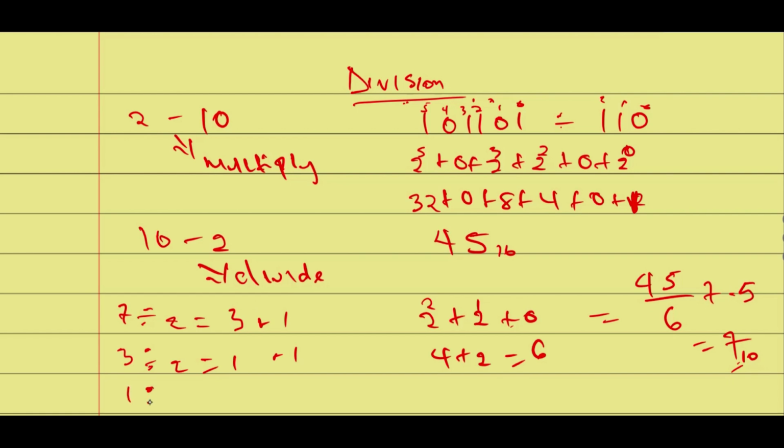Then 1 divided by 2 is equal to 0, remainder 1. So starting from here to the top, we have 1, 1, 1. So this will be equal to 1, 1, 1 in base 2. So you can go ahead and rewind and check. Our answer from our long division is 1, 1, 1 in base 2.